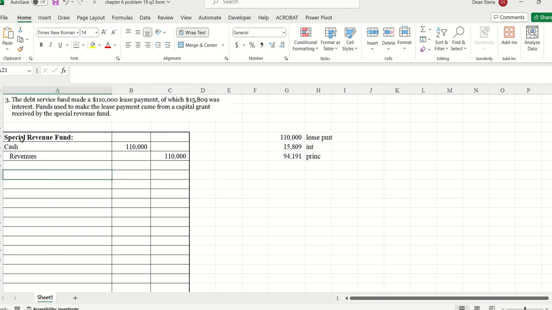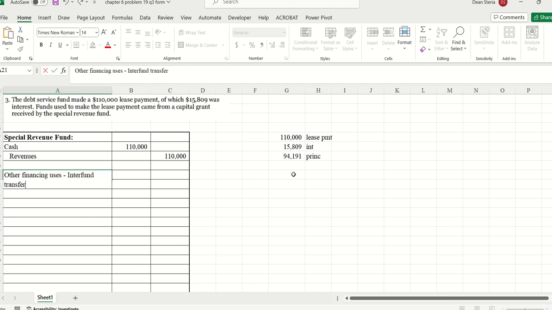Now we have to transfer this cash to the debt service fund, and we're going to do that with our friend other financing uses, interfund transfers out.